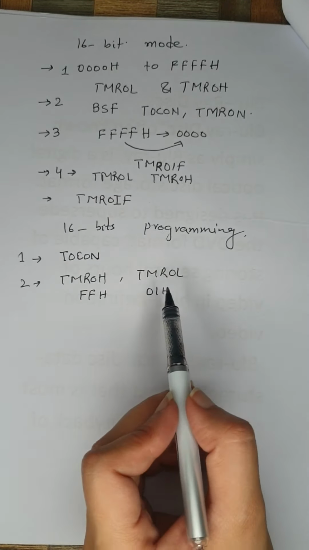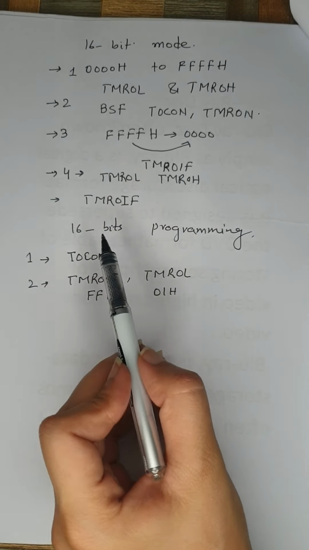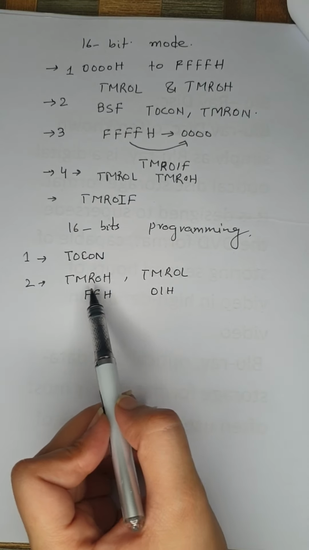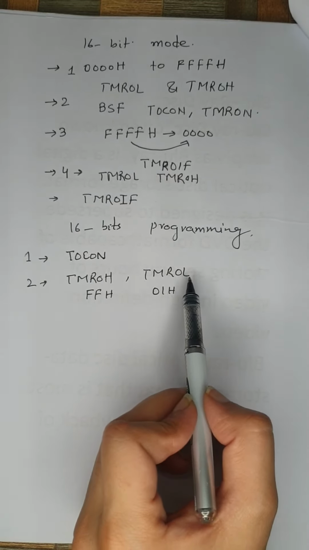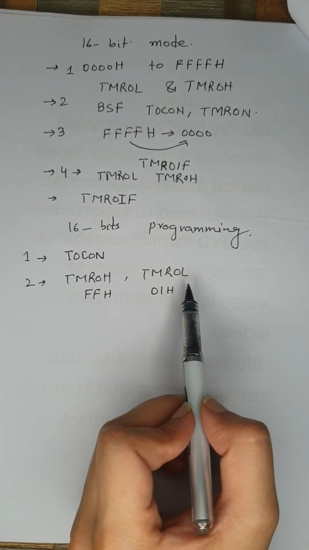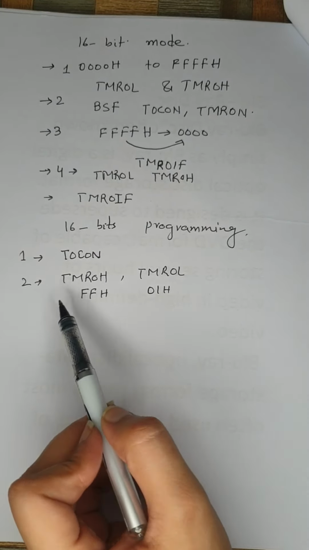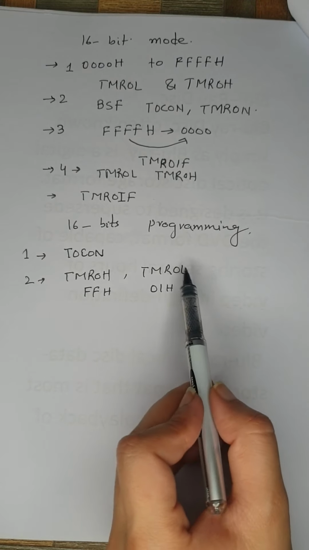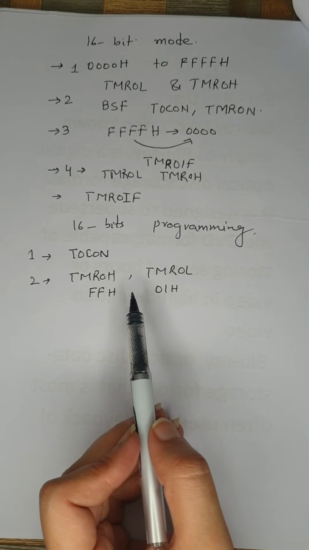One thing that you must note: every time you are using the 16-bit timer mode, we should load the higher byte of timer 0 first, and then we can load the lower byte. The reason is, if we have already started the timer, the timer 0 higher byte is copied into the temporary register, and the timer will start from the lower value, and there must already be a value present in the higher byte of the timer.